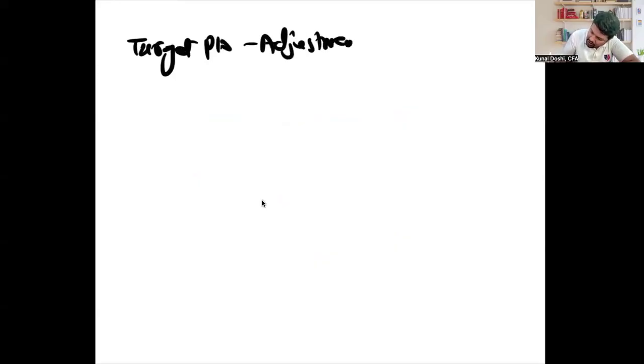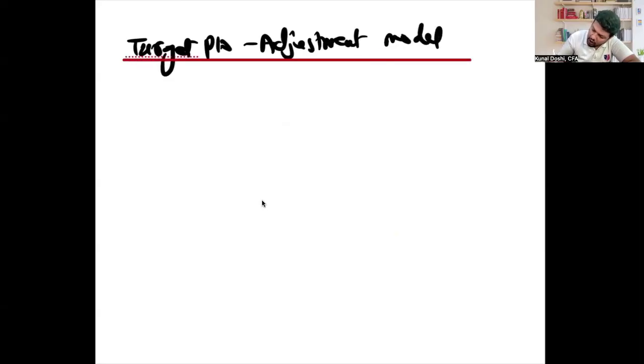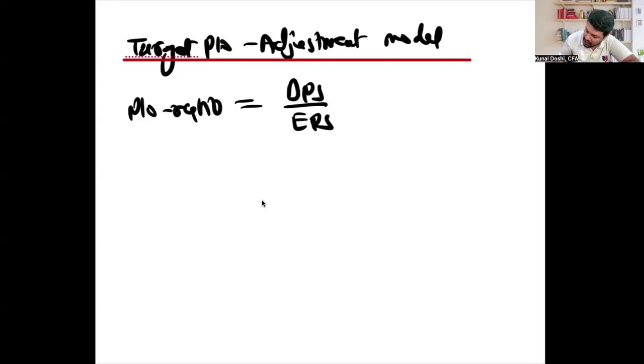We are expecting a target payout adjustment model. Even though you all know it already, I'm first going to write out what the payout ratio is. Payout ratio is dividend per share over earnings per share, correct?